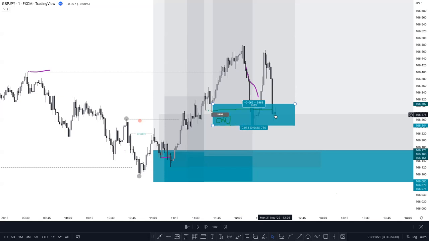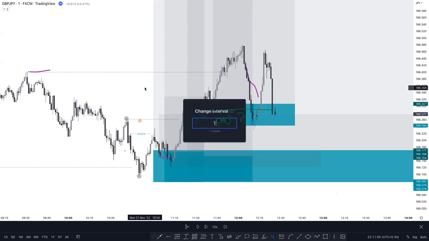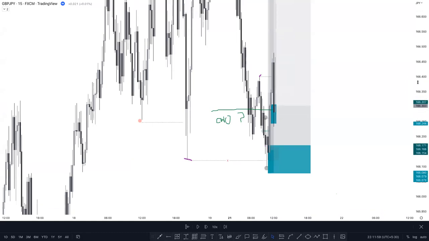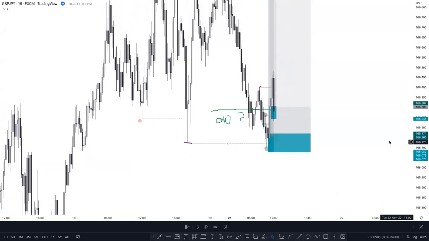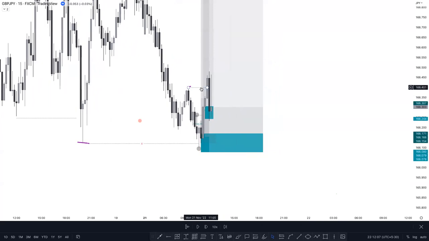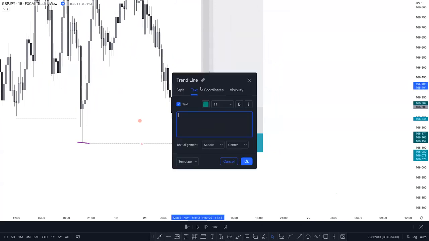Yes, this is a CHoCH as per the 15-minute, but look at the 15-minute structure. When the market has taken out the previous high, right? Actually, as per the 15-minute structure, right now this is our change of character.